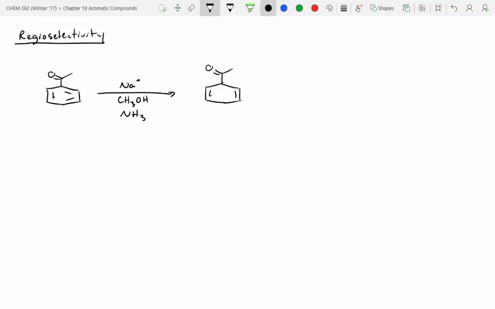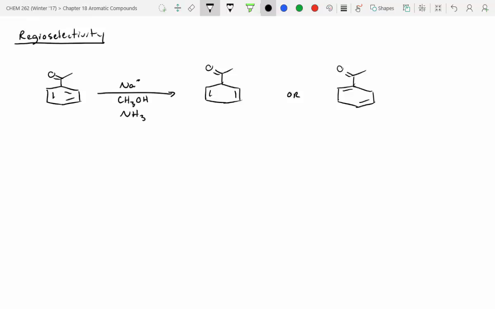So one option is that our dienes are formed in this orientation, or our second option is that our dienes are formed in this orientation. So we have to rationalize which one's more likely to occur.